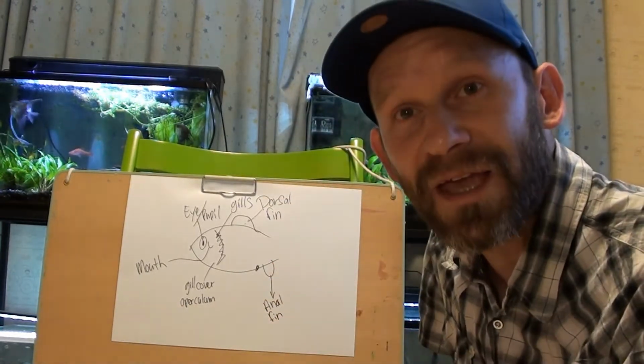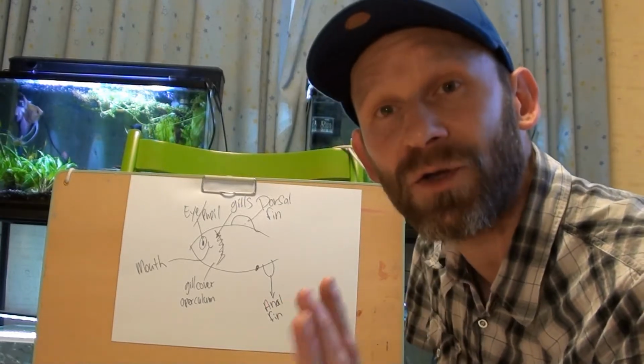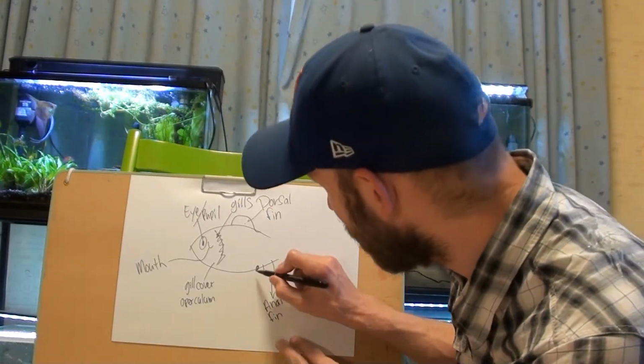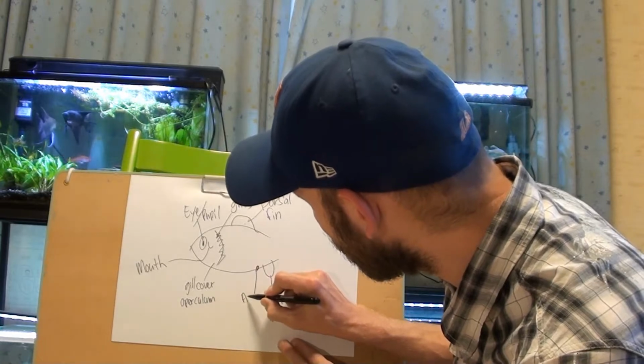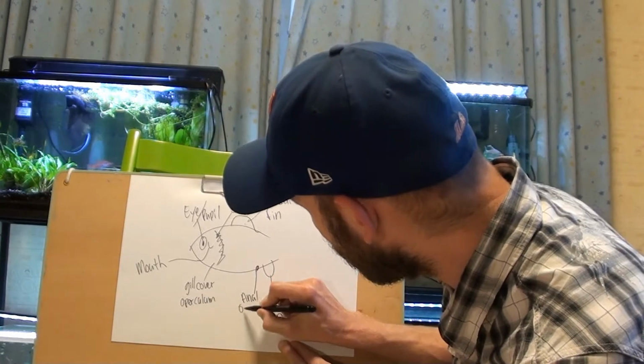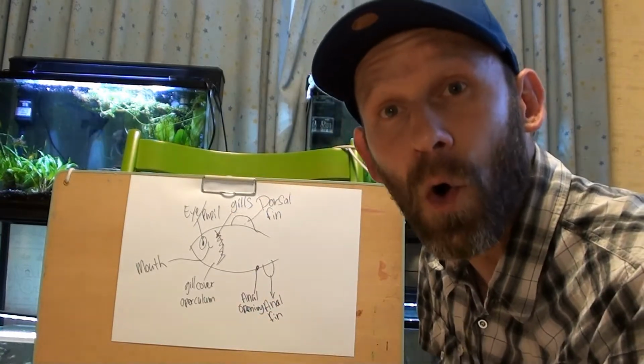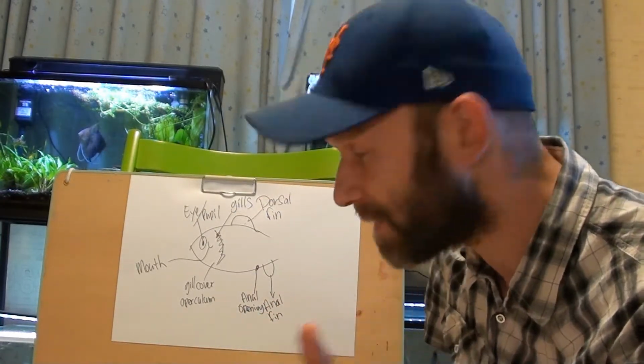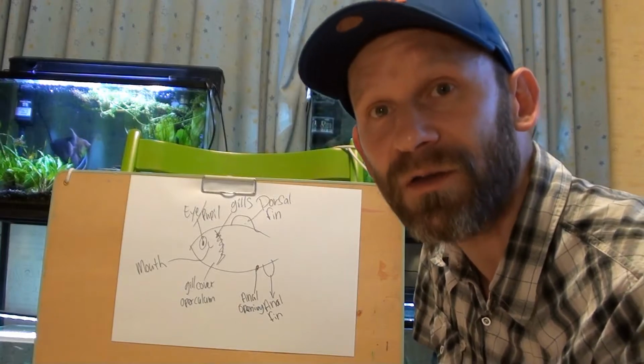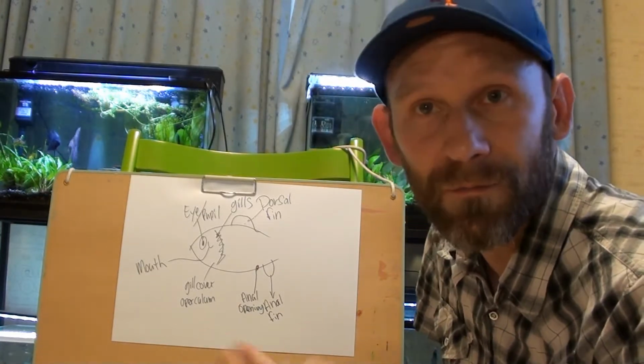Right in front of the anal fin, of course, is the anal opening, or the urogenital. That is not a very common word, so I hope that helped you out.